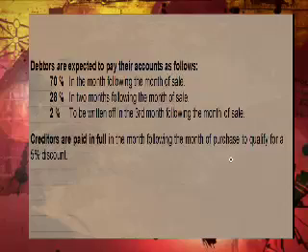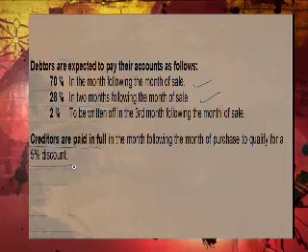How are our debtors expected to pay us: 70% in the month following the month of sale, 28% 2 months following the month of sale, and 2% to be written off in the third month. Remember, creditors are paid in full 1 month following the purchase to qualify for a 5% discount.